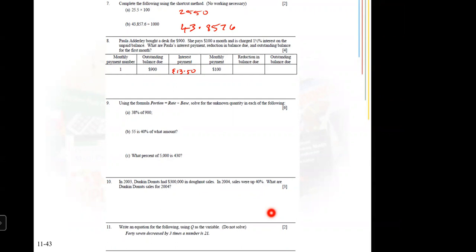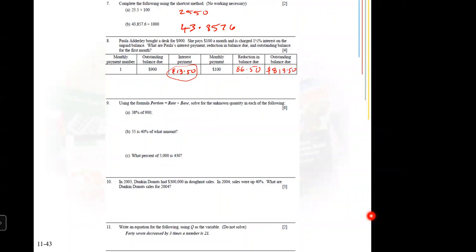So that $13.50 is interest, which goes to the company. The rest that's left of the 100 would be $86.50. And so you take that away from the 900. So that would be $813.50.